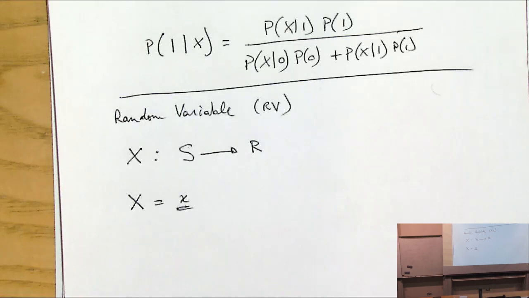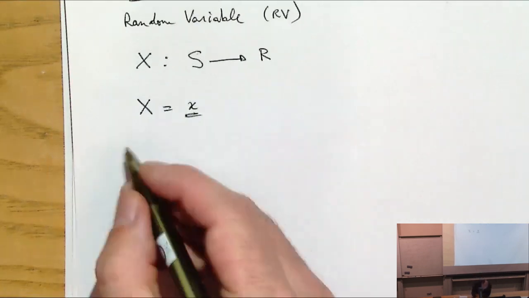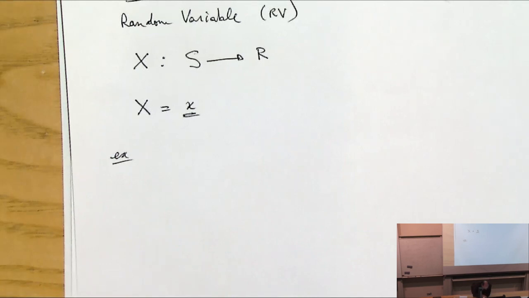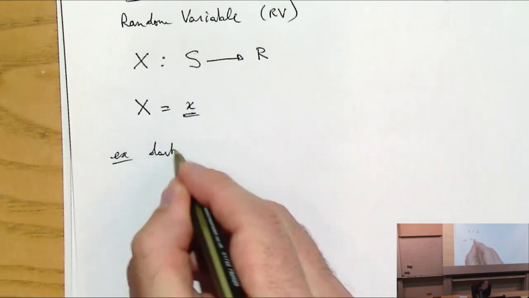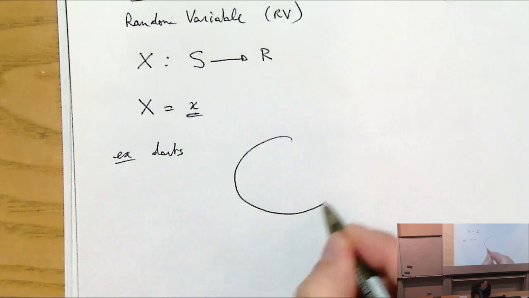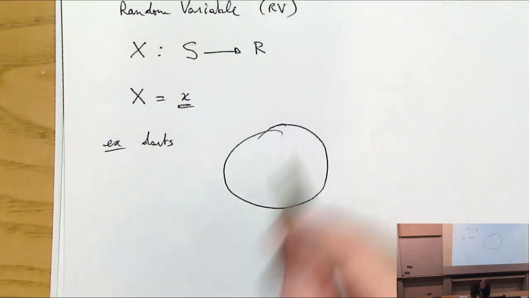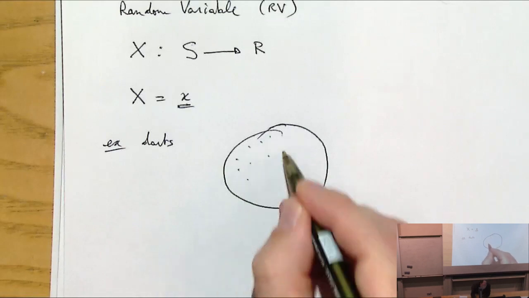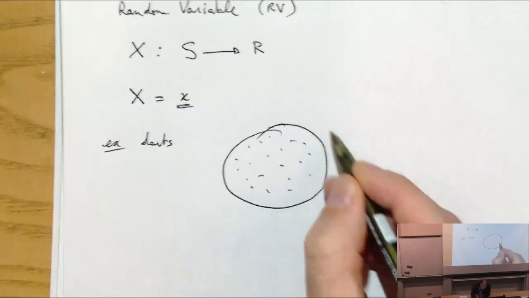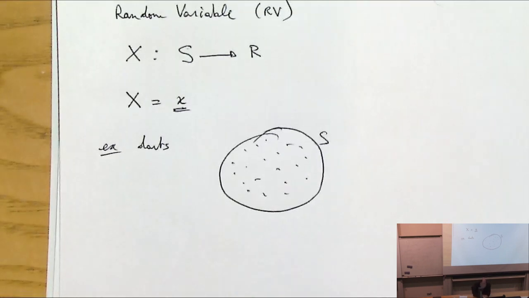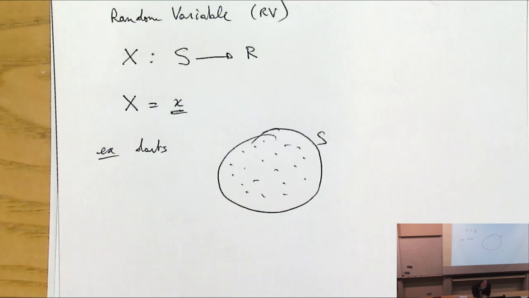So let me give you an example so that you understand right away what it is. Let's imagine you play darts. When you play darts, you have your target here, and all possible points of impact are essentially your sample space, right? All possible points on your target are your sample space.